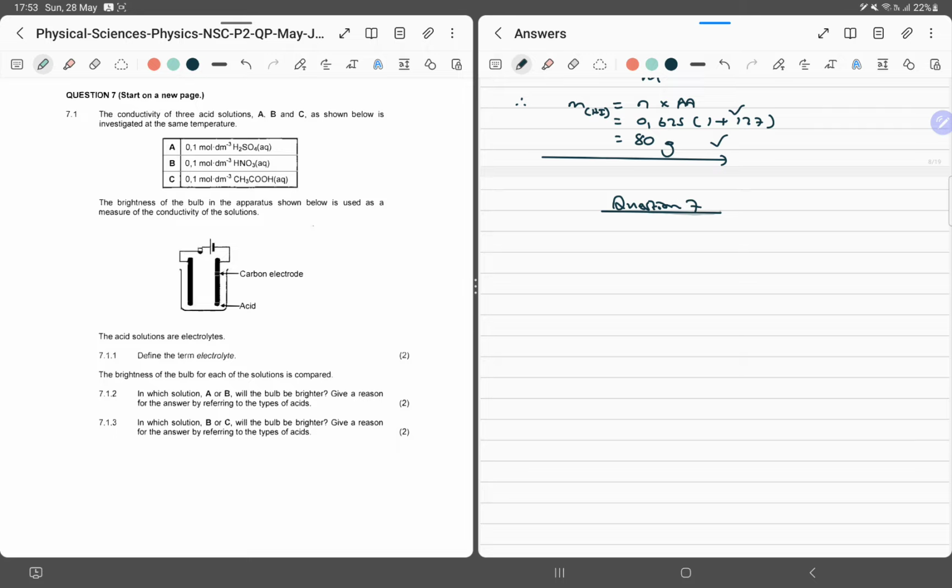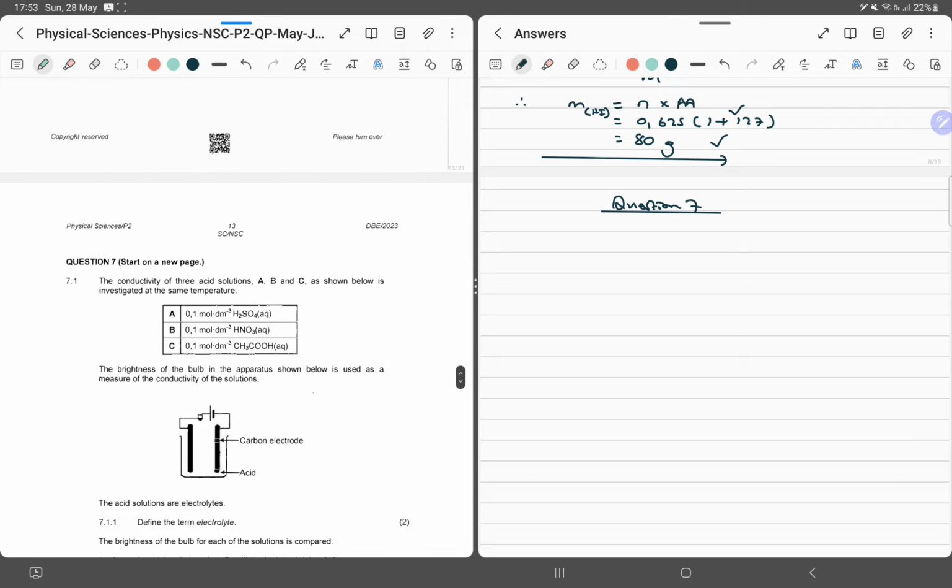Okay, question 7 is acids and bases. So again, what would you need to do in general for this section? Already, just know acid-base reactions. For example, when you're taking a strong base plus a strong acid, you're going to get a neutral salt plus water.